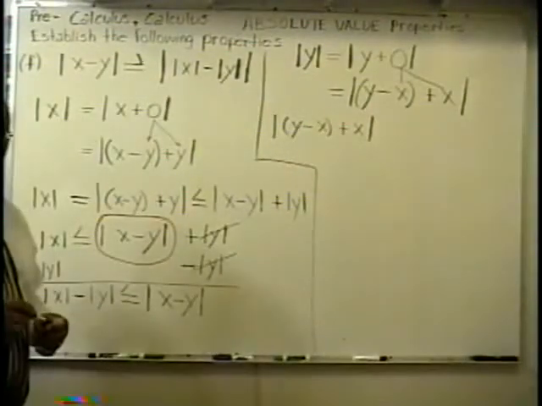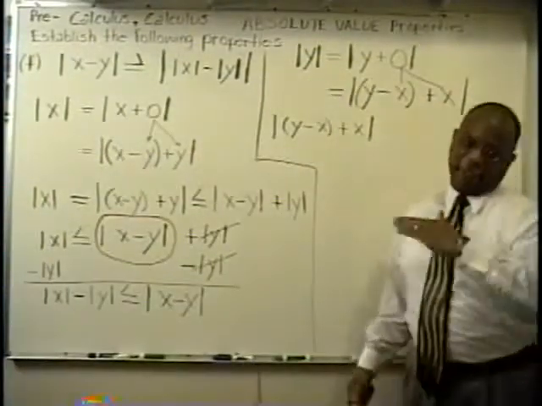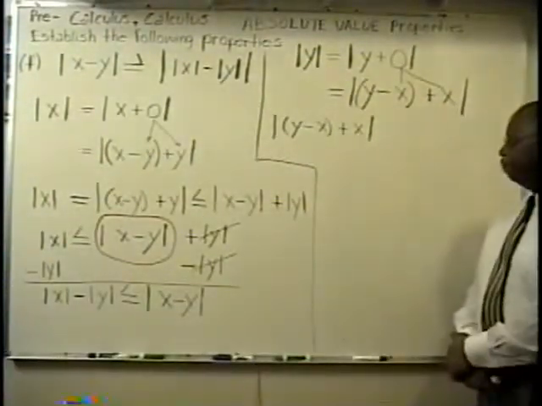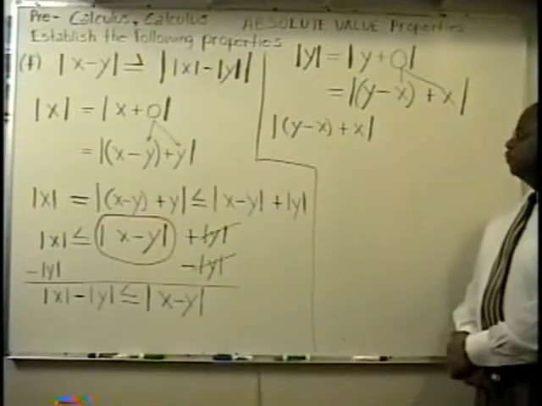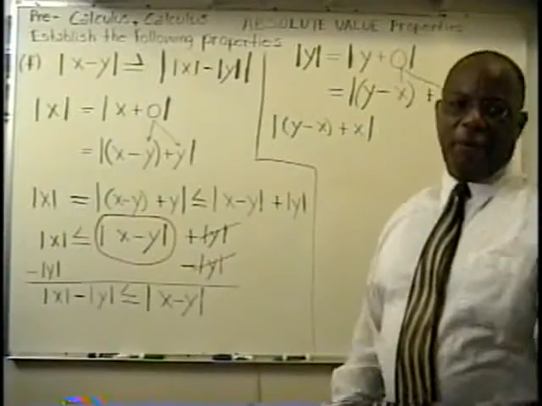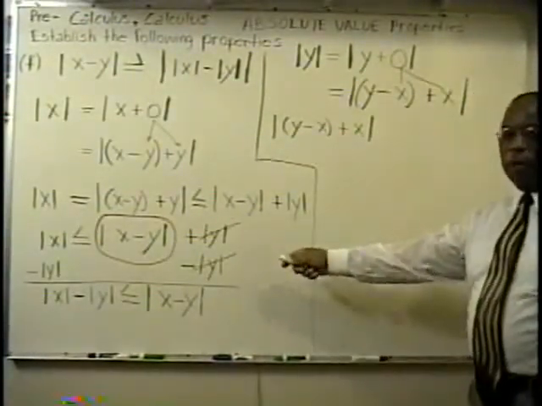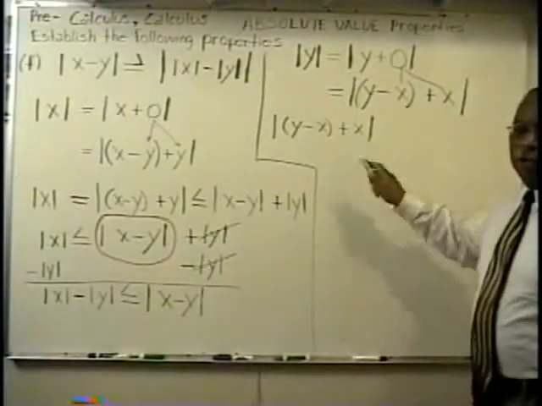Triangle inequality. What does the triangle inequality tell us? Fabian! Okay? Let's see, Monica, do you agree with Fabian? Just like we did over here? Very good. Yeah, we're going to apply the triangle inequality.